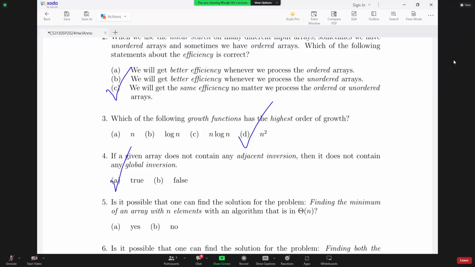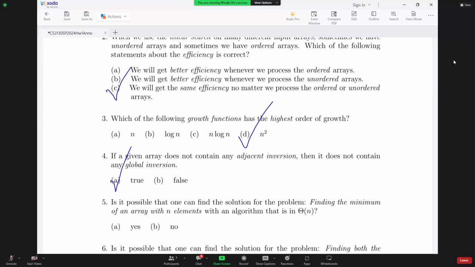How can you use adjacent inversion to determine that you do not have global inversion? But actually we know adjacent inversion is enough to tell us. If there is no adjacent inversion, that means it's sorted. If it's sorted, there is no global inversion.